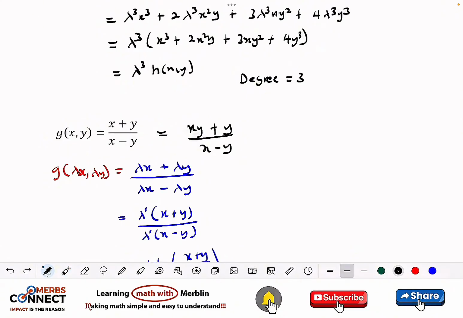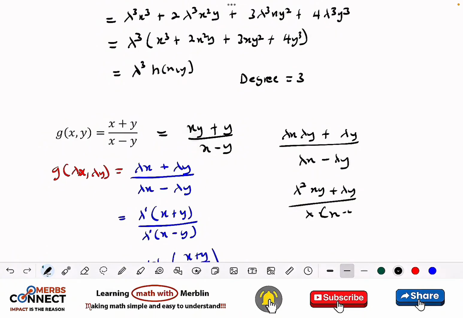So for example, this is what I mean. This is going to be lambda x, lambda y plus lambda y divided by lambda x minus lambda y. This is going to give us lambda squared xy plus lambda y divided by lambda times x minus y.